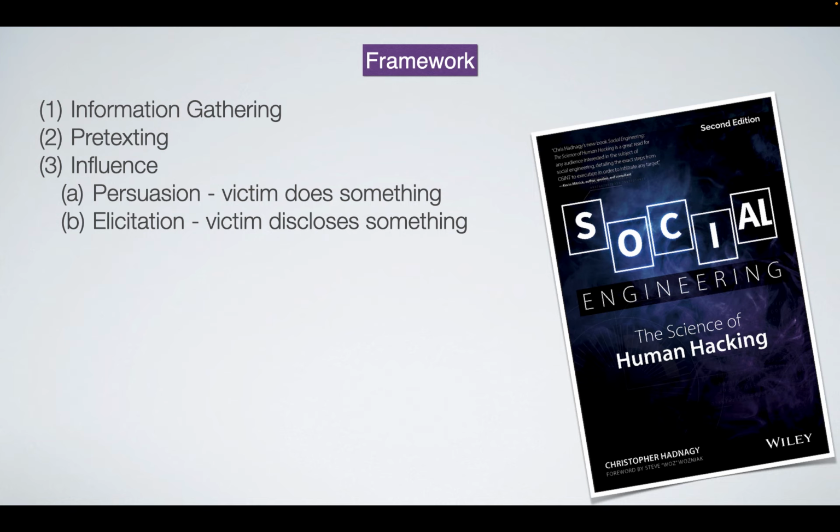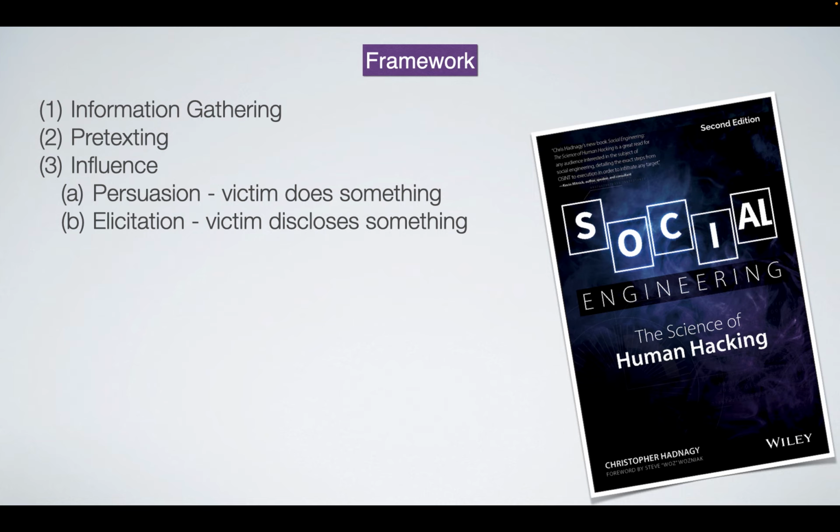There's information gathering. Okay, so in order to do an attack, you have to know what you're doing. You're not just going to walk in and do it cold. And the more information you gather about what you're doing, the more convincing your attack could be. The next is what we call pretexting, which is a fancy word for I'm pretending to be someone I'm not. Okay, so I'm impersonating someone. You could call it spoofing in STRIDE.